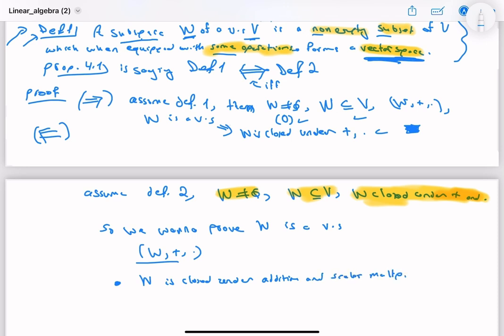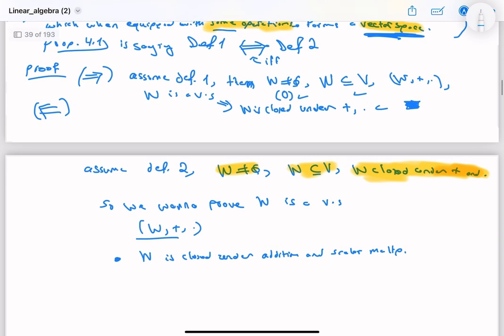So I remind you, these are one of the important properties of proving a set is a vector space. So first of all, this we have from here. So the next thing is, why does the zero exist? Why is there a zero?